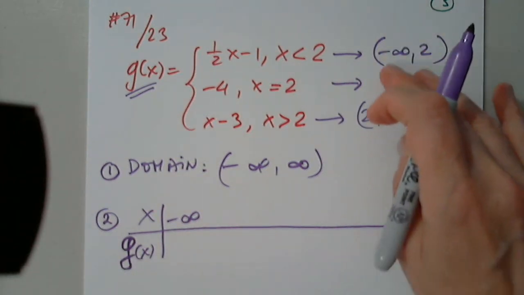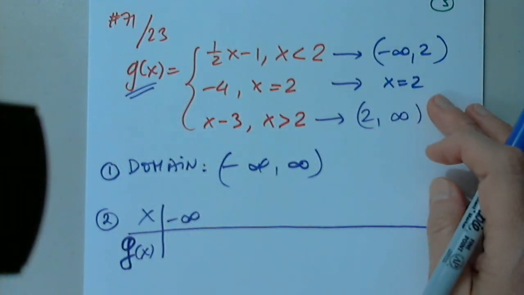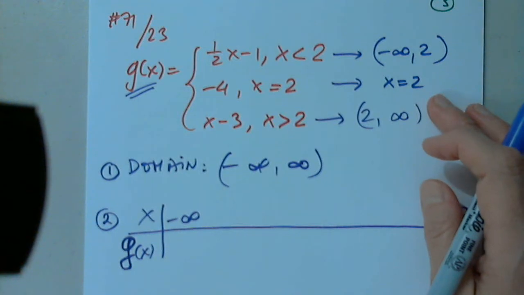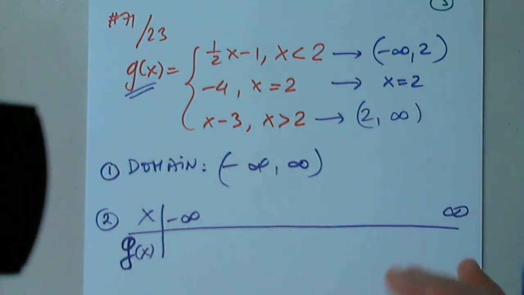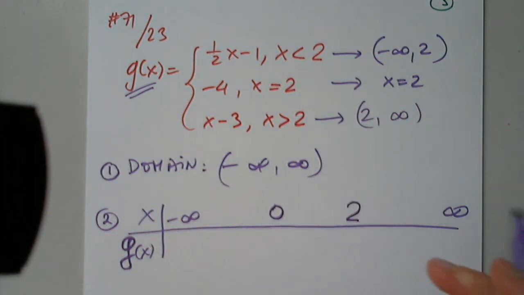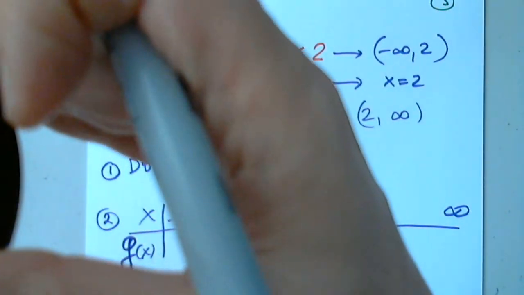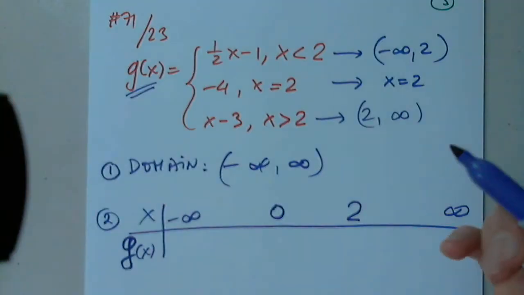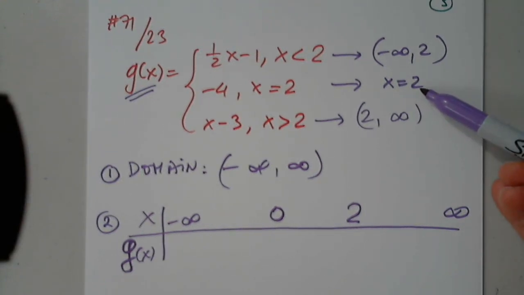Looking here, I'm hoping you will tell me what is a very important x value. 2. Yes, of course 0 has to be in the table, but 2 is an important value. Why? Why is 2 an important value? Because something crucial happens here.